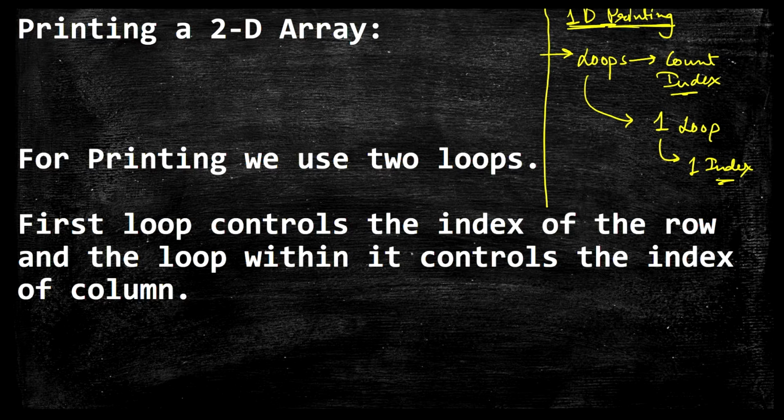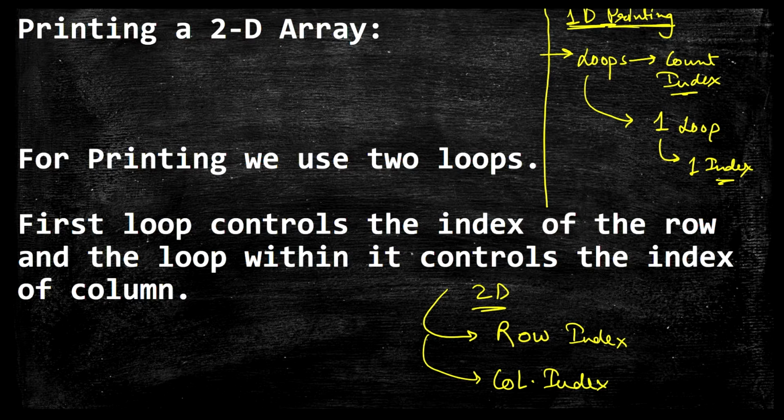Now in the case of a 2D array, we have two indexes, one row index and one column index, right? For controlling one index, we ran one loop, and now for controlling two indexes, that is the row index and the column index, we will run two loops. One loop will count the rows, and another loop will count the columns.